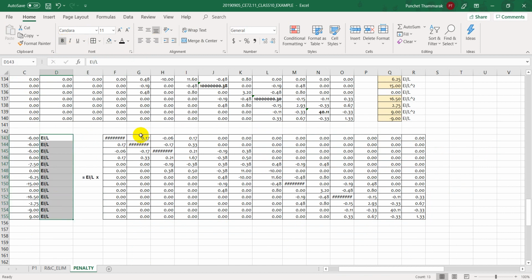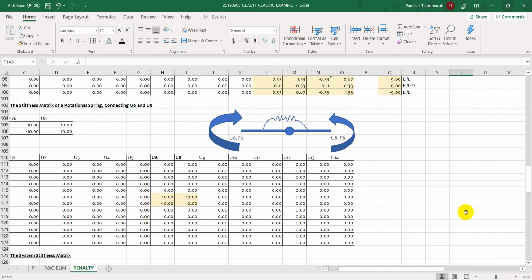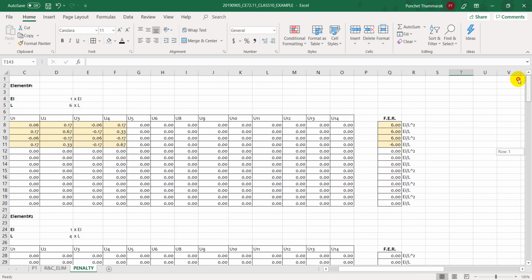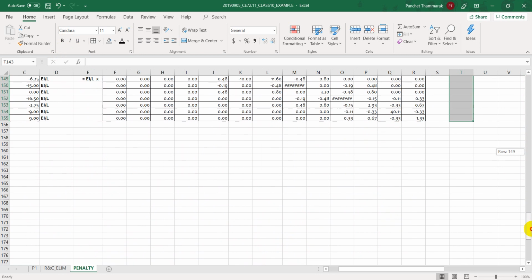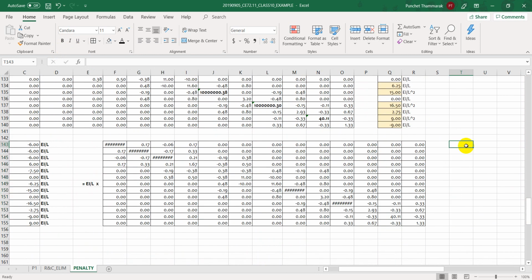This has EI over L as well. Here, that means we have what U? We have U1 up to U7. Make it U8, and then all the way down.